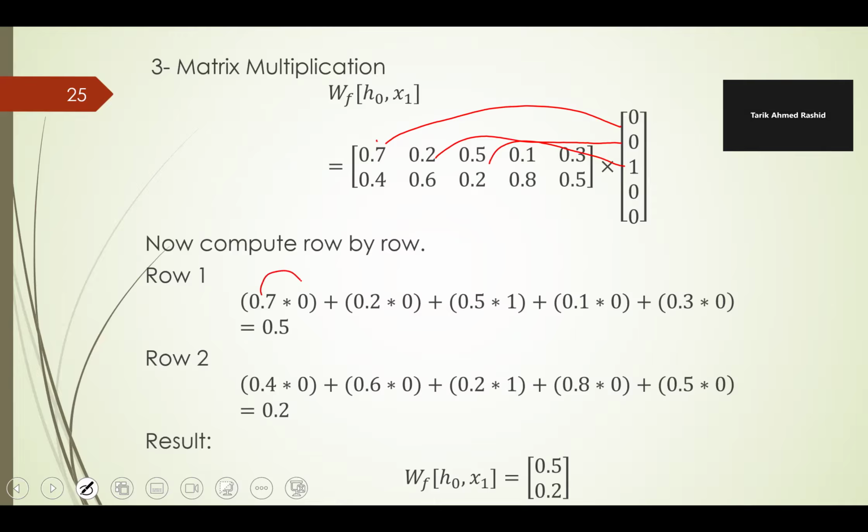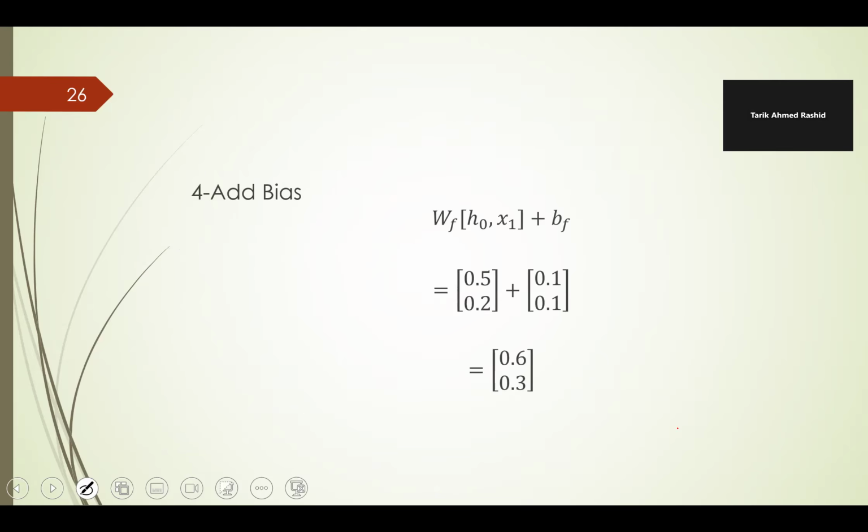And for the second row, 0.4 multiplied by 0, 0.6 multiplied by 0, 0.2 multiplied by 1, you can see, and so on. That's the result of the calculation, 0.5 and 0.2, plus the bias, which we assume as 0.1 and 0.1, so 0.6 and 0.3.